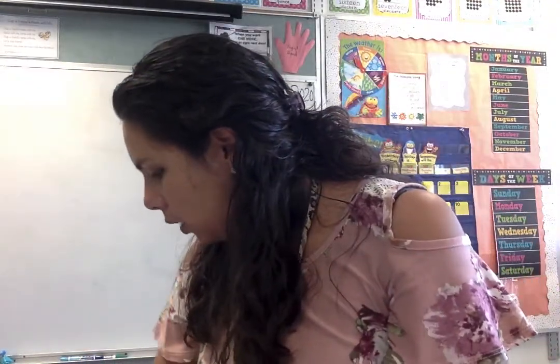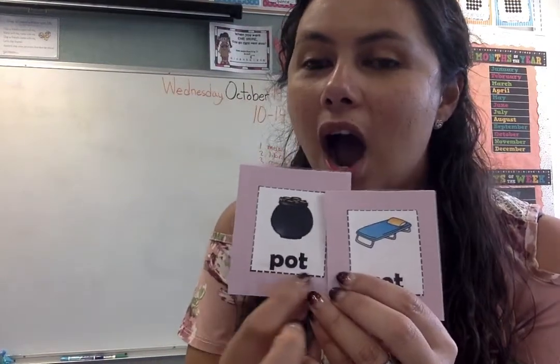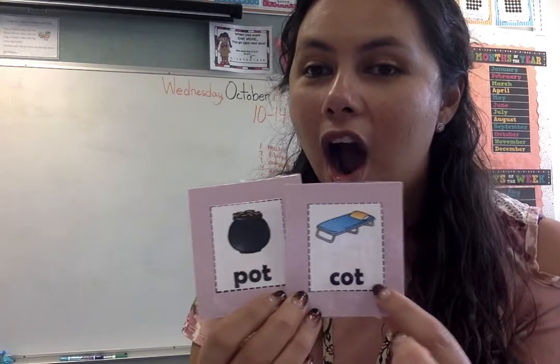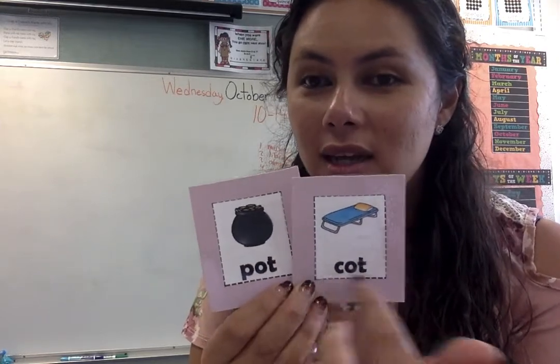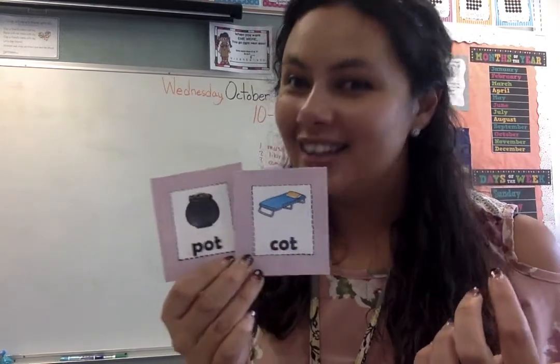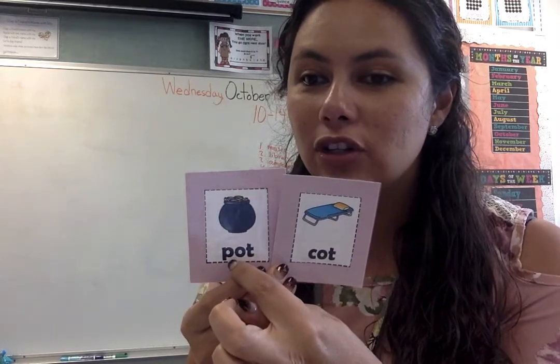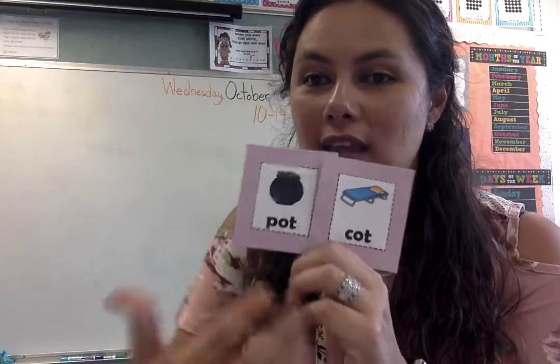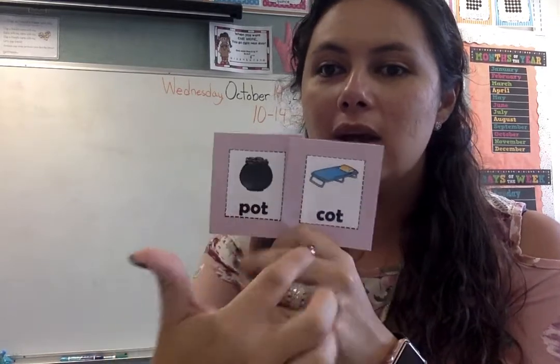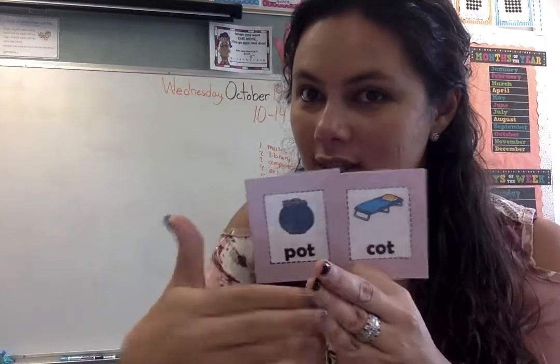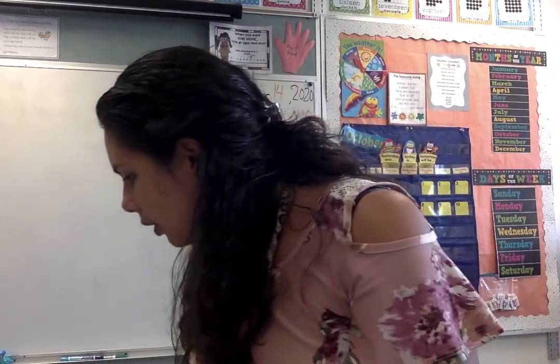The next one is cot, pot. Do they rhyme? Yes, they do. So again, the only thing that changes is that very first sound when you say the word. Pot. The onset is p, p, p. Cot. The onset is k, k, k. The rhyme is ot. That stays the same.